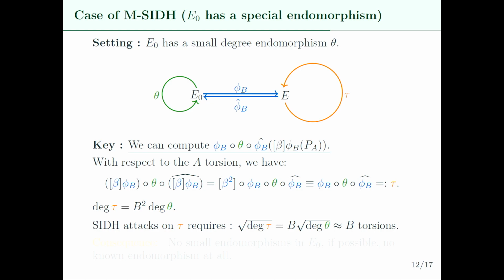Then tau has the information of phi_b, so we can attack MSIDH. So when we want to make MSIDH secure, we should not use a starting curve with a small degree endomorphism, or if possible, we should take a curve without information about its endomorphism length. Okay, and that is the security analysis of MSIDH.